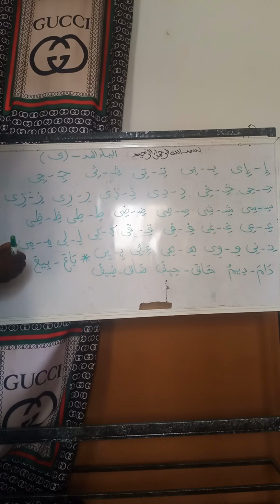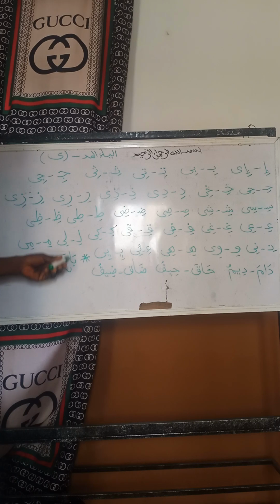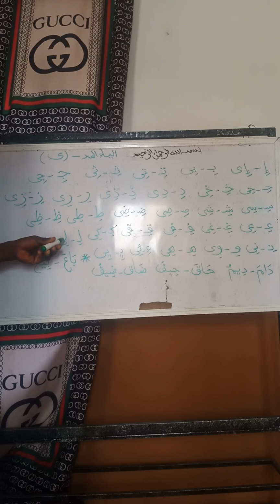These are the small, the little examples of it. As you can see, this Ba here has Alif after the Ba, and it will be prolonged in the count of two, which we pronounce as Baa.